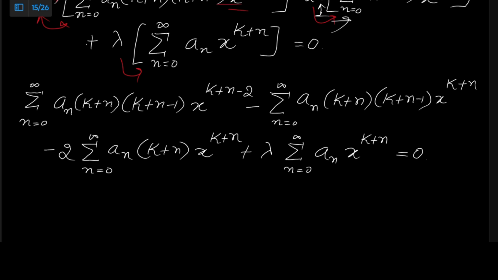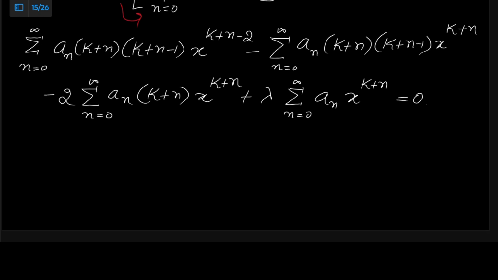Since we got these terms, now just look at this. You have a power of x as x raised to k plus n minus 2, you have x raised to k plus n, and here x raised to k plus n. So group them all and simplify it, grouping the common powers of x into one.